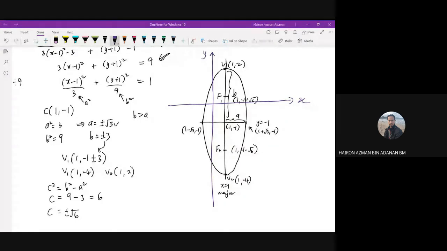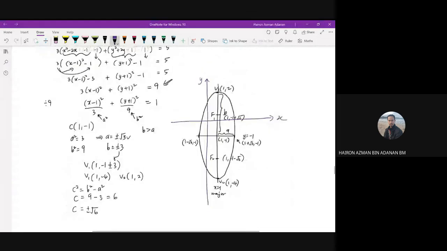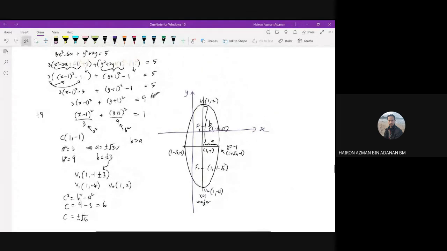Okay, then the graph of the ellipse. So here the important thing is you have to know how to do the completing the square method to get the standard equation. The next step, you have to know which one is the major axis. How to check? Check the biggest value. Here, the biggest value is under y. So the major axis is parallel to y.